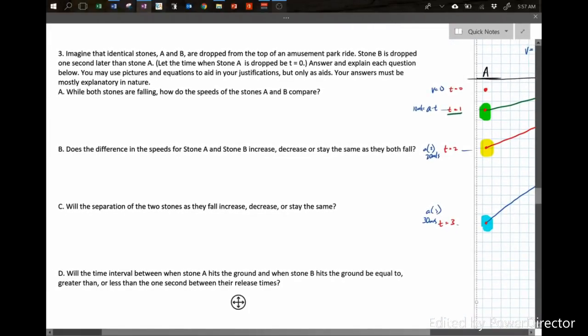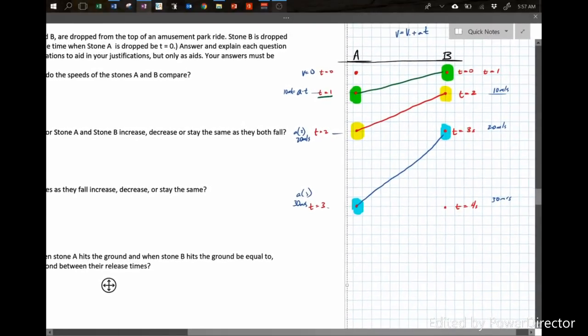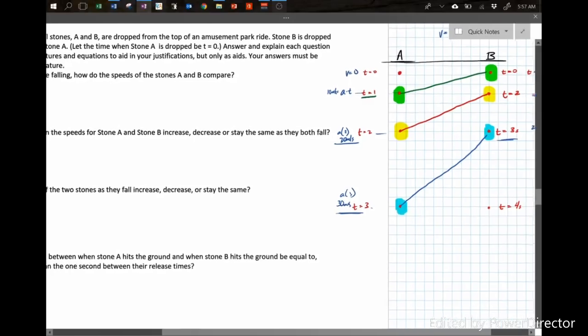While both stones are falling, how do the speeds compare? So at any given second, let's say at 2 seconds, ball A is traveling at 20 meters per second, ball B is traveling at 10. At 3 seconds, ball A is traveling at 30, ball B is traveling at 20.